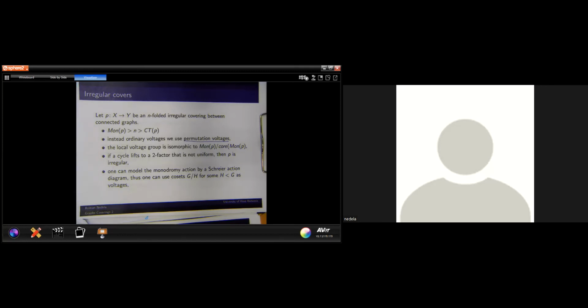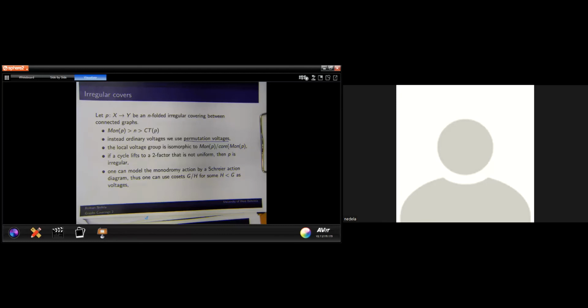conjugate. But if we are working with... you mean in terms of voltages or permutation voltages? No, monodromy is just a permutation group, if I understand. Yeah, it depends.